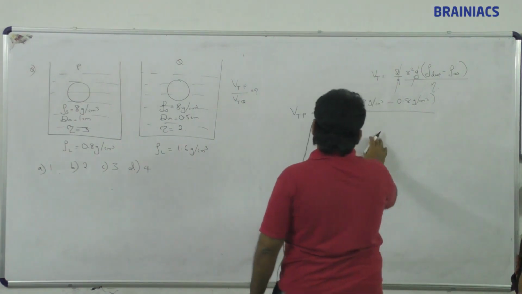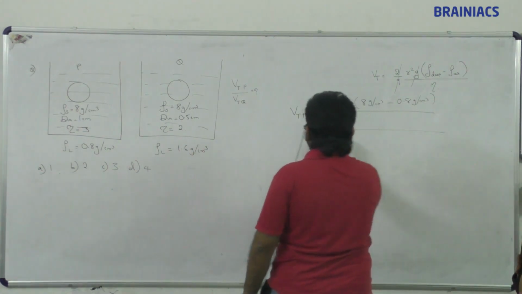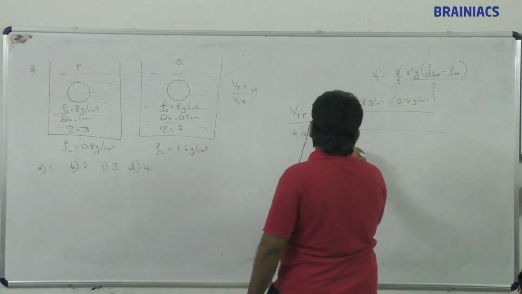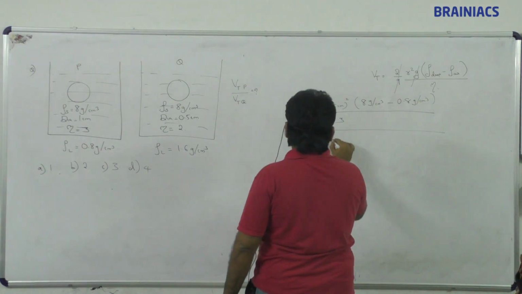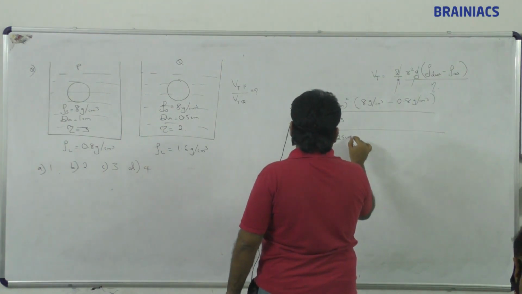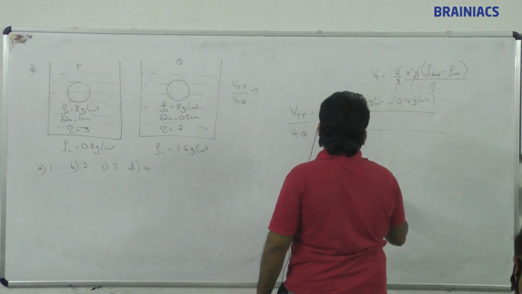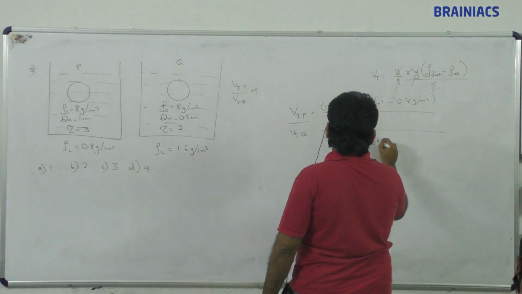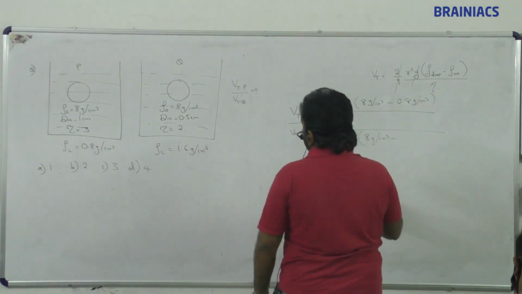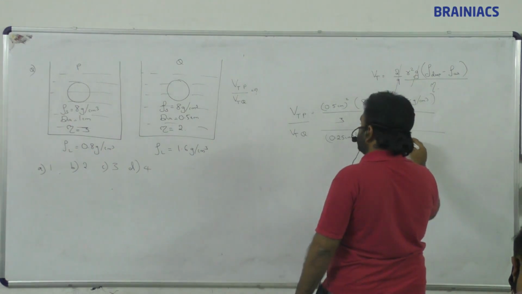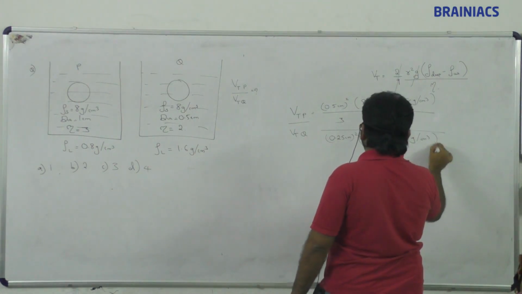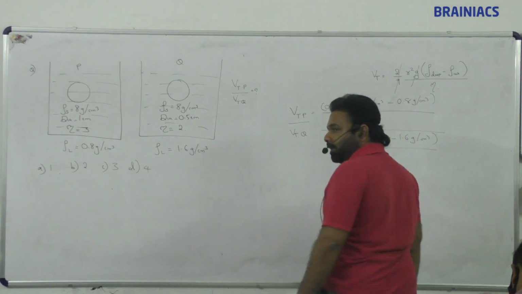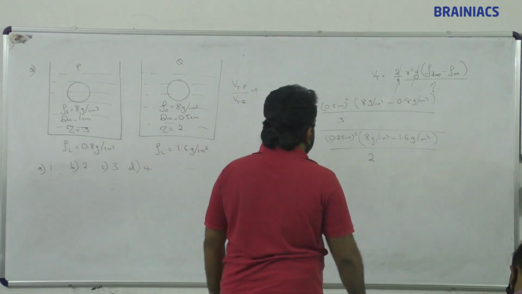Okay, so this is divided by V of Q. What shall we write here? Diameter is again 0.25 centimeter square, and density of drop is 8 gram per centimeter cube minus the liquid's 1.6 gram per centimeter cube, divided by 2. Clear? Okay.